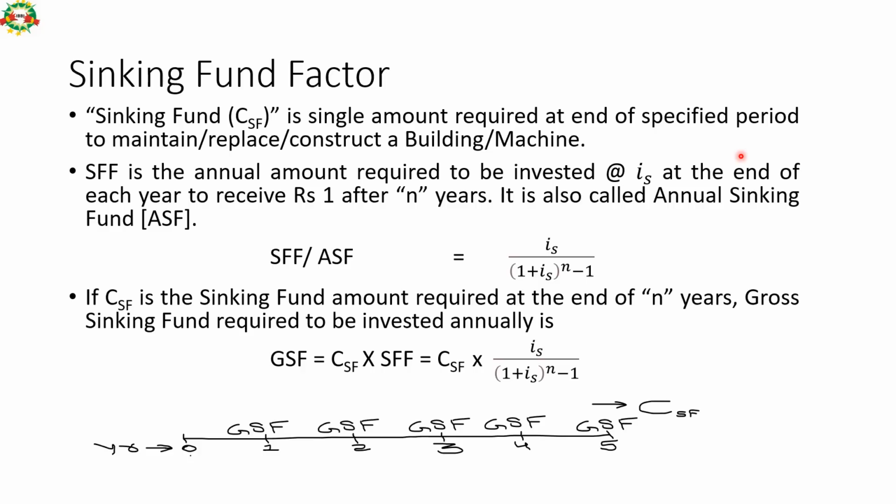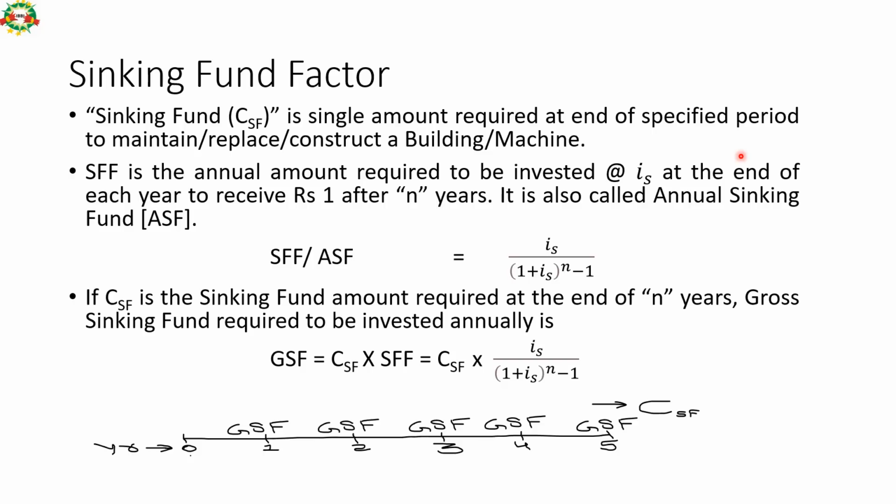Just to refresh our concept, sinking fund is basically an amount which we need to do a certain set of expense. For example, we have a building, and as a valuer we see, okay, after 10 years this building may need repair in terms of changing of floor or replacement of roof, or something else like painting of the whole building. So you need to have a certain amount of fund, maybe 50,000 or 1 lakh rupees after 5 years.